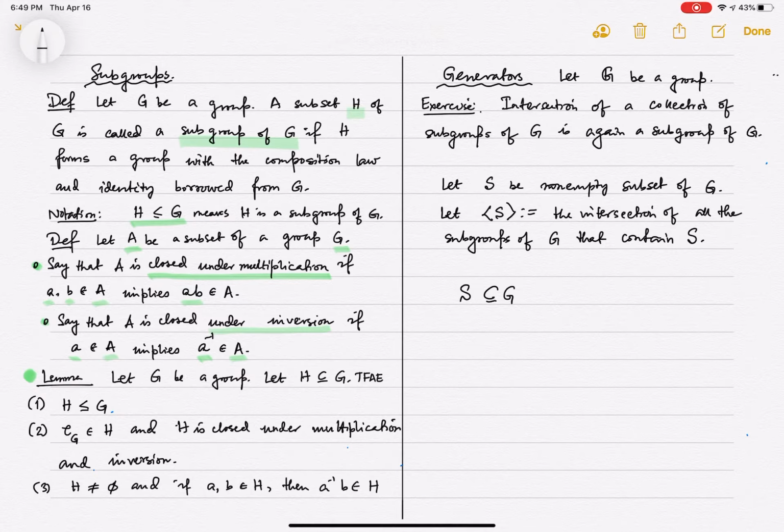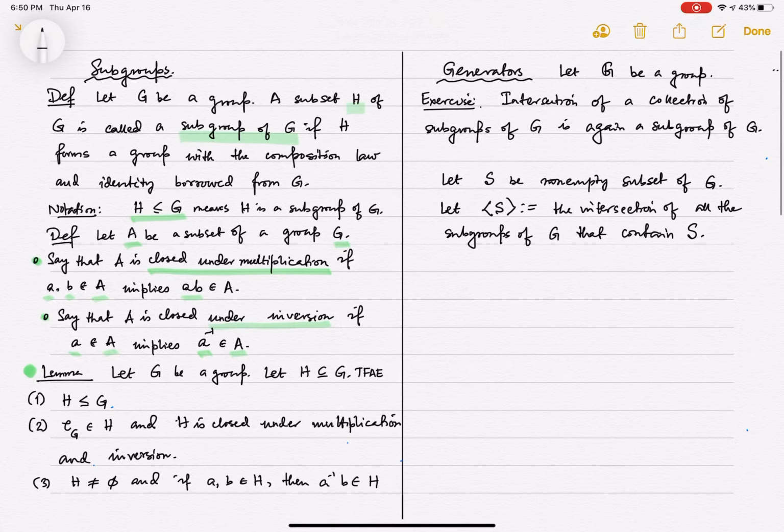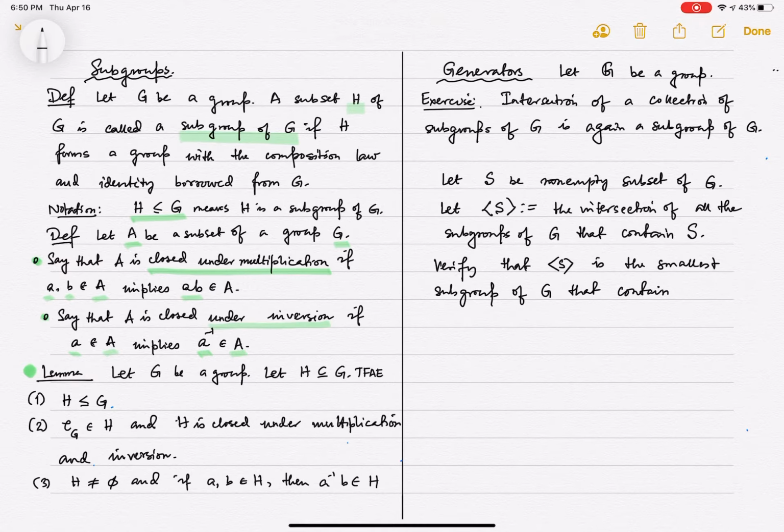And this subgroup, which I denote by angle bracket S, is pretty much by definition the smallest subgroup that contains S. So verify that this is the smallest subgroup of G that contains S. It's a subgroup because of the exercise, because I'm intersecting a bunch of subgroups.